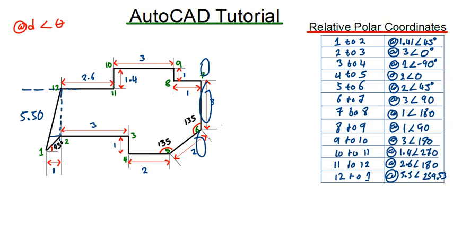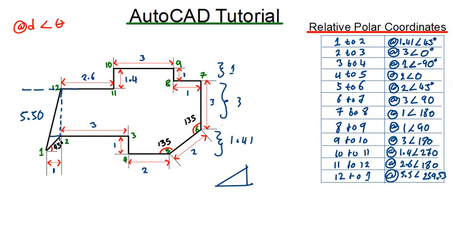Okay, so let me see. At this portion I have a 1, then this portion I have a 3, then this part here is equal to, I'll find that is 1.41. How I'm finding this is that it's just like a triangle like this. So you have a 2 here and you have a 45 there.